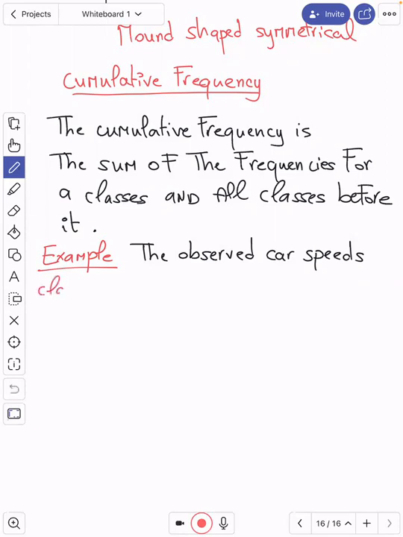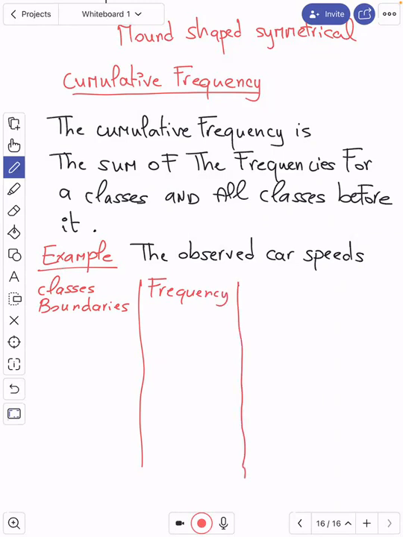We have these class boundaries, and then their frequency. And now I'm going to show you how to compute the cumulative frequency. So this is now the third column. We're going to have the cumulative frequency.